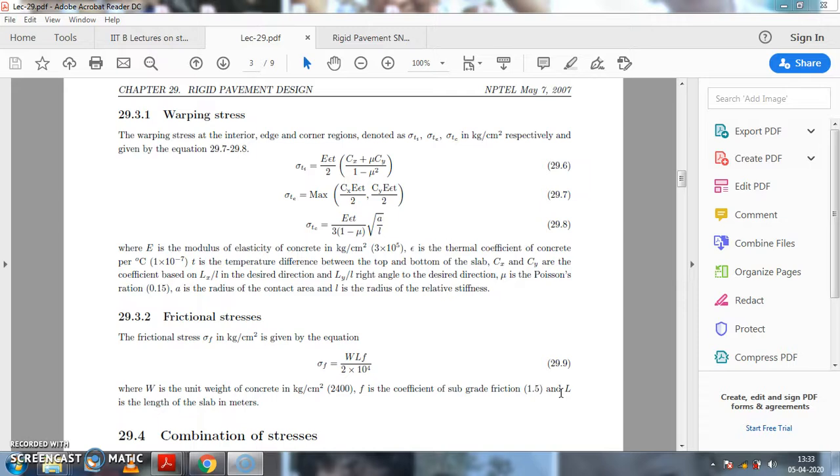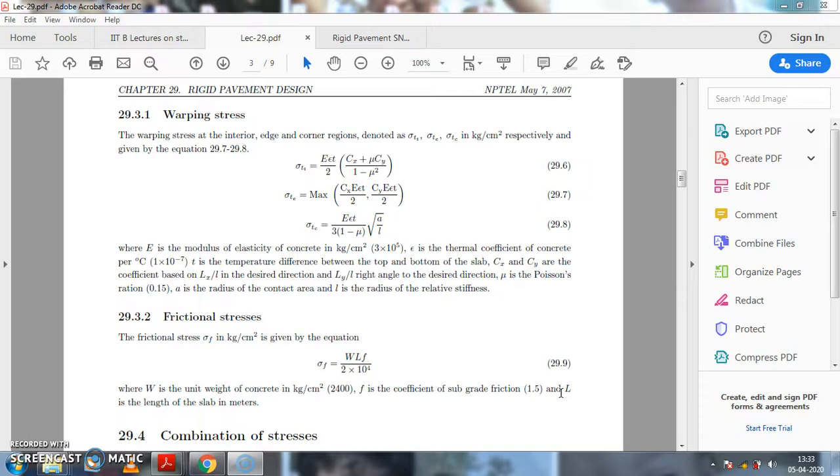But if the slab is free to move and there is no friction between the slab and the subgrade, then obviously no stresses will be generated. However, frictional stresses arise between the slab and subgrade. Why are frictional stresses generated? Because if you are resisting the slab from taking a shape as per the warping, then obviously a stress will be created.